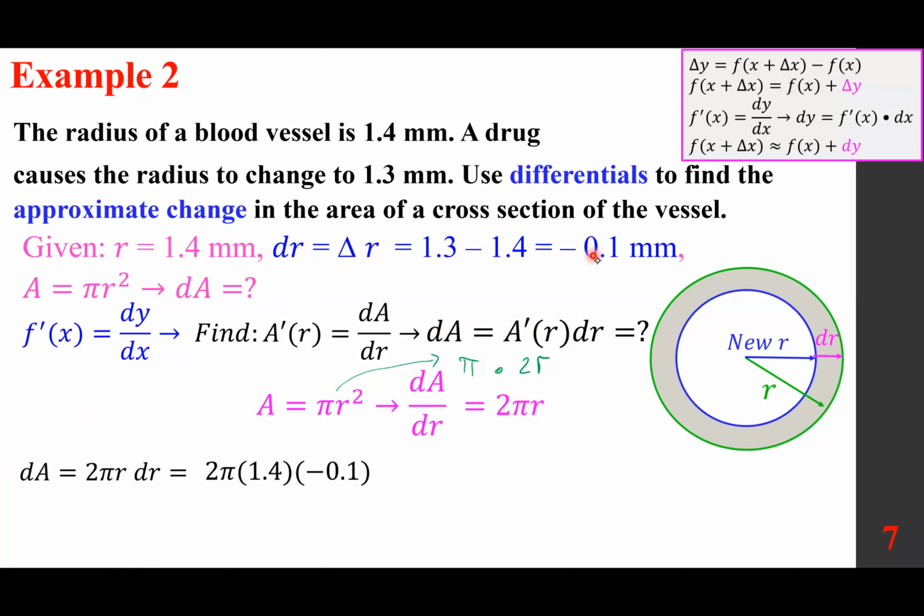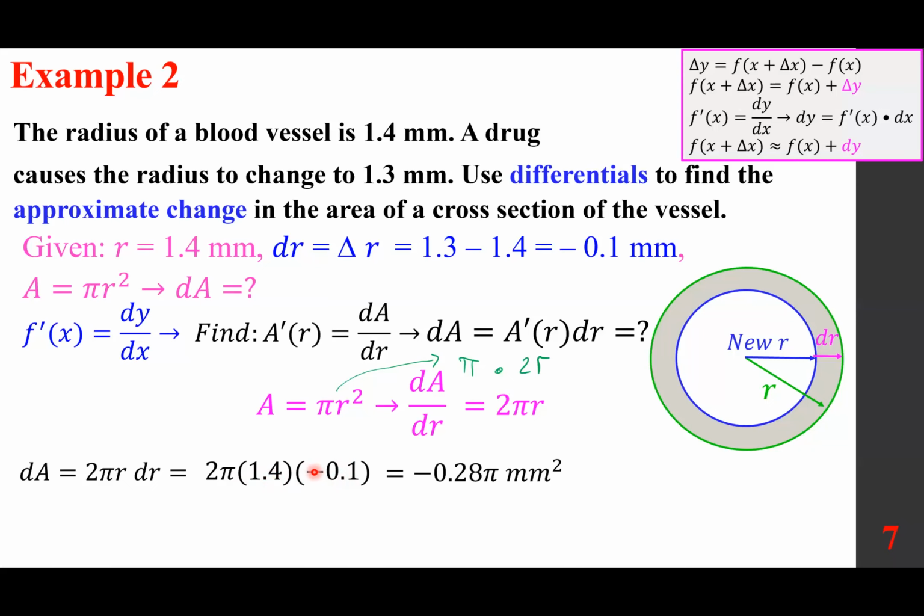As far as the units, the units of dA are the same as the units of A. You can see that because this is the radius in millimeters, and so is this one. When you multiply 2 times 1.4, you get 2.8 times 0.1, you get 0.28. So we have minus 0.28 pi millimeters squared.